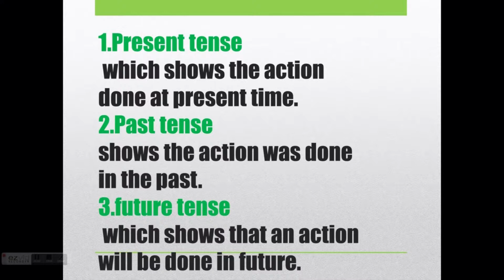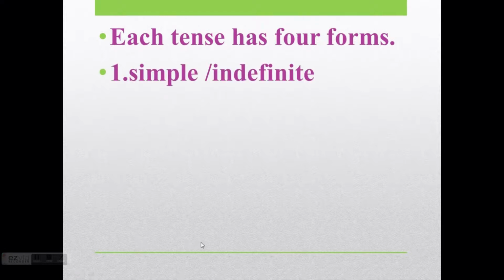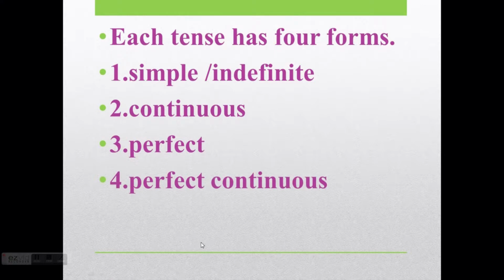So in this video I am going to discuss present tense, because each tense has four forms: simple, continuous, perfect, perfect continuous. So now let's discuss all these four forms of present tense. Let's go.